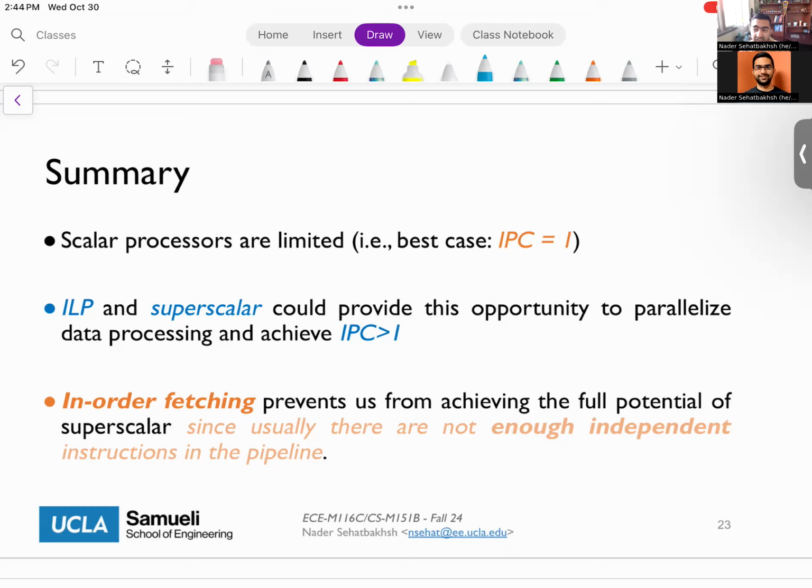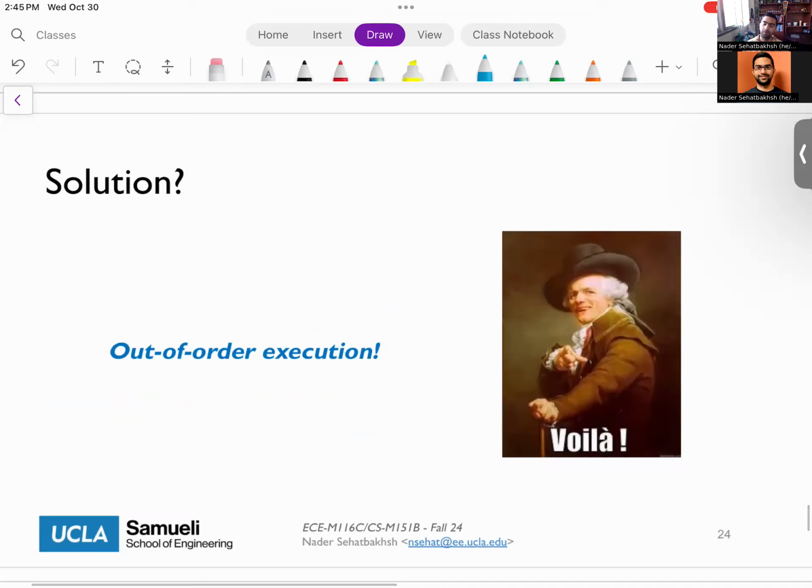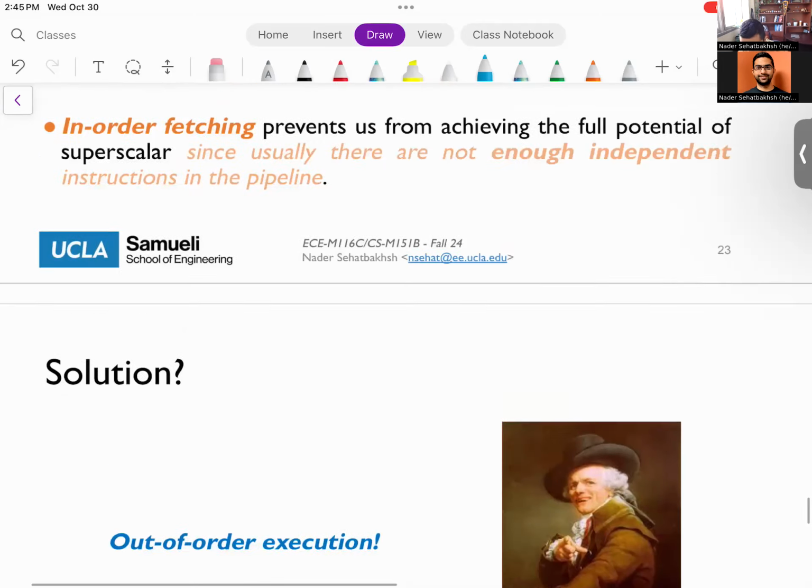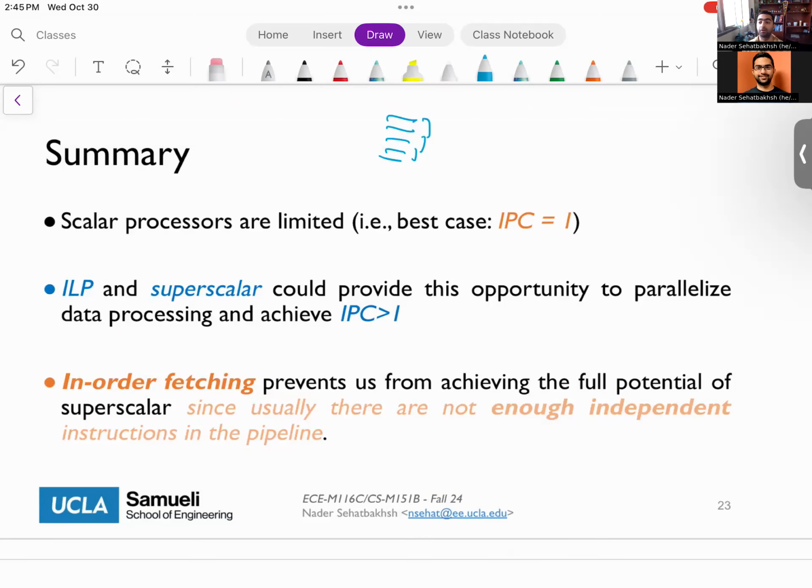And one thing that's really going to hurt us is the fact that we just want to go with the program order and fetch instructions one by one, and check the dependency of these instructions. So what we need to do instead is a new kind of architecture called out of order execution architecture, that tries to maintain this superscalar capability, so we are able to feed multiple instructions to the pipeline at the same time, while addressing these dependency issues and other challenges that we are facing in our design.